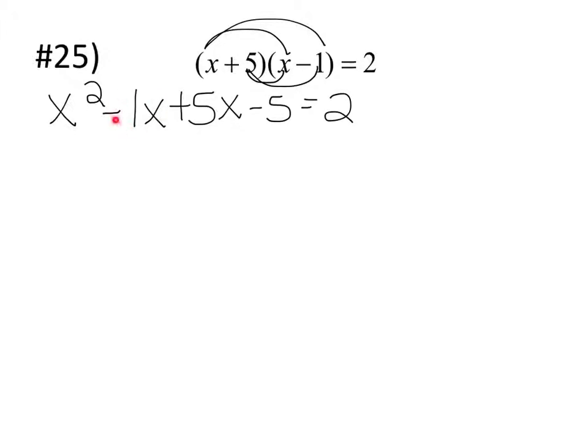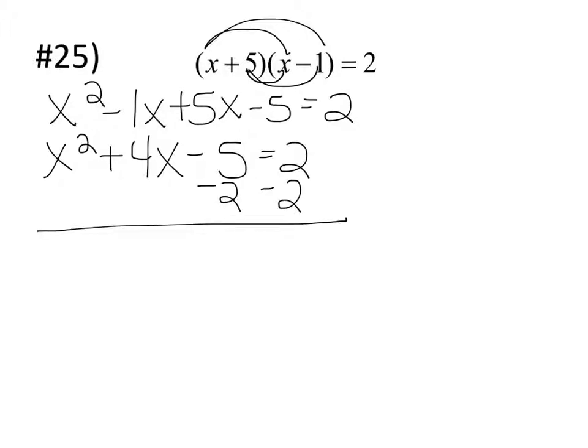Combine your like terms. Negative 1x and 5x are like terms. X squared, negative 1 plus 5 is positive 4x. And now we need to subtract 2 from both sides so that I am set equal to 0.